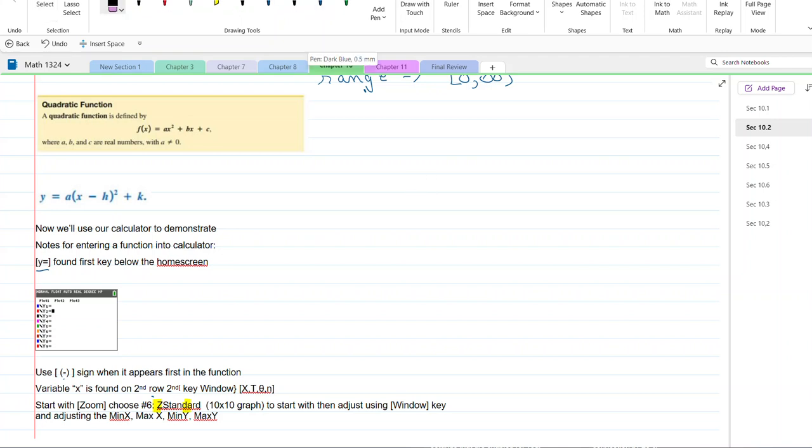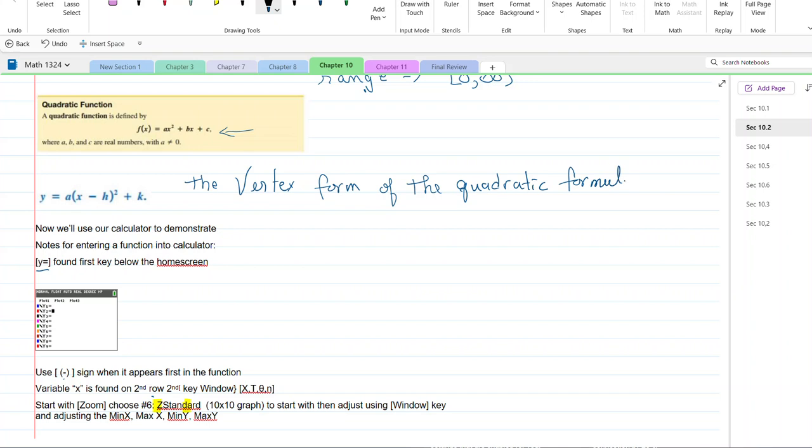So let's talk about the quadratic function. I mentioned this in the opening, that the function is ax squared plus bx plus c. And this is the vertex form of the quadratic formula. Now remember, we did the parent formula, right?